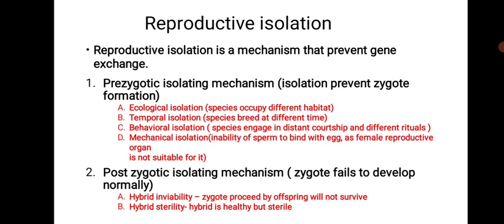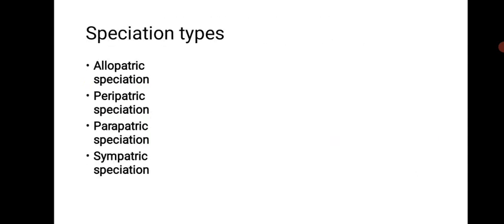In post-zygotic isolation, there are two types. Hybrid inviability: the zygote is produced but the offspring will not survive. And hybrid sterility: the hybrid is healthy but sterile.